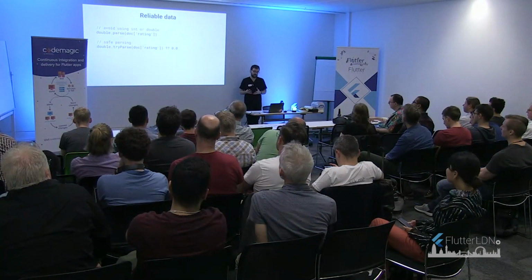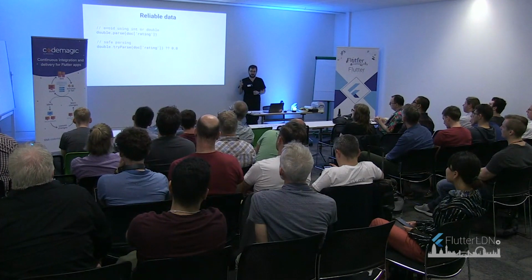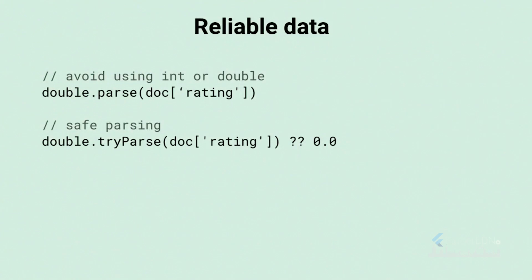Another gotcha that I saw is that data sometimes is not super stable. You will see this example here with the ratings that I was showing before. This is a double. And sometimes I had problems saying that they cannot convert from an integer to a double or from a double into an integer. And I don't know if the problem is in the platform implementation, let's say at the Dart level, or is a problem in Firestore.